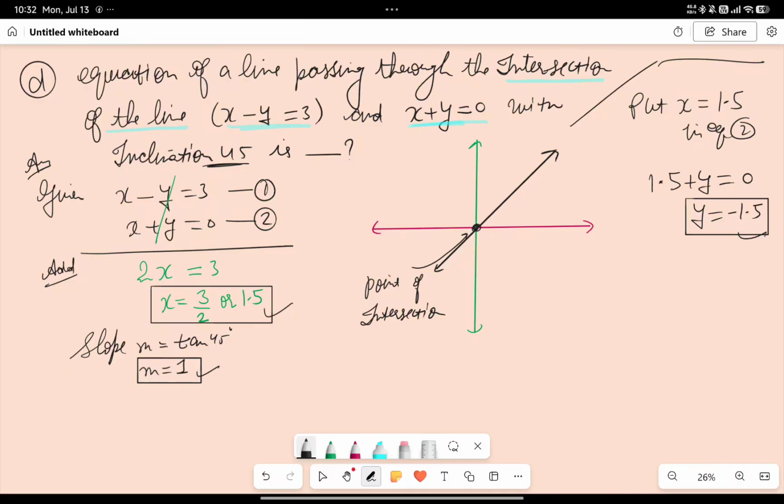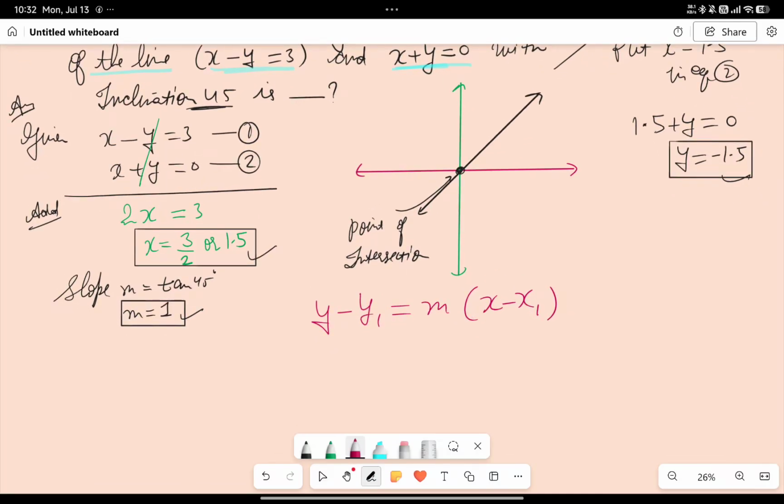Now it is easy for me to write the equation of the line. The equation of line is given by, because it is passing through the point, y minus y1 is equal to m times x minus x1.